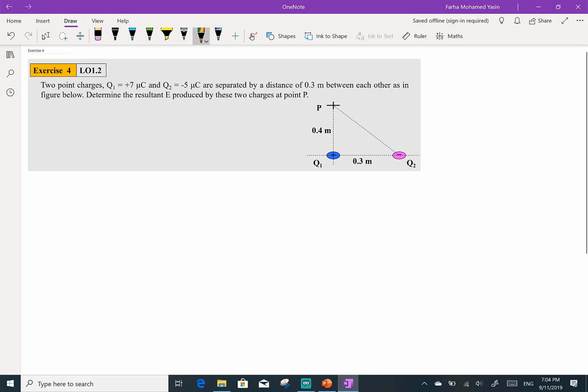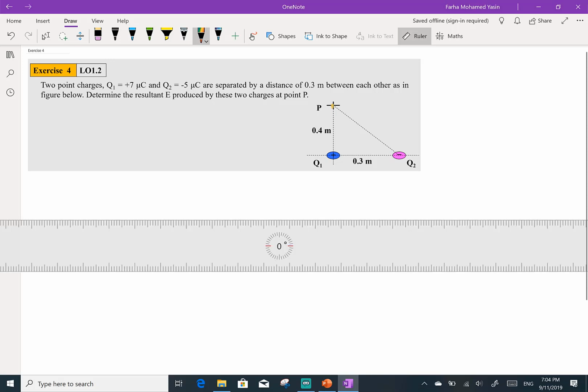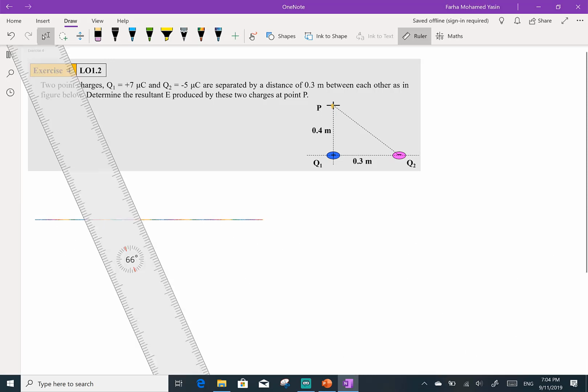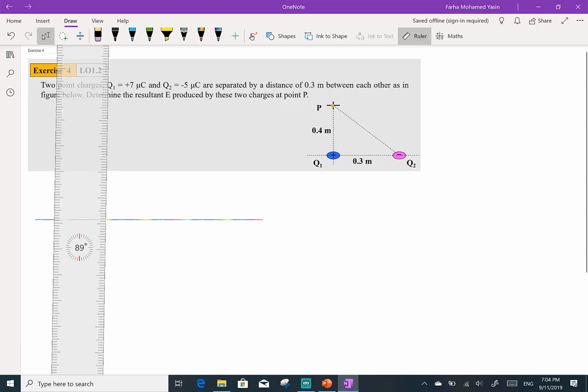Okay, so we have point P here, and we have another two charges, Q1 and Q2. The first step we need to do is to draw the electric field diagram produced by Q1 and Q2 at point P. So we draw the line first.